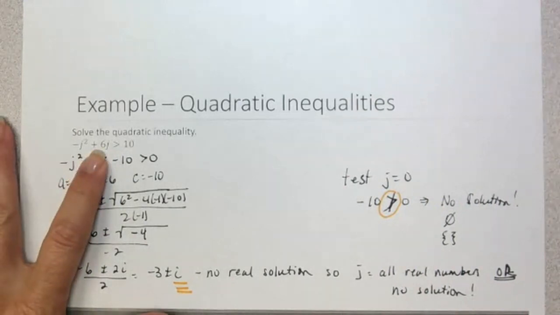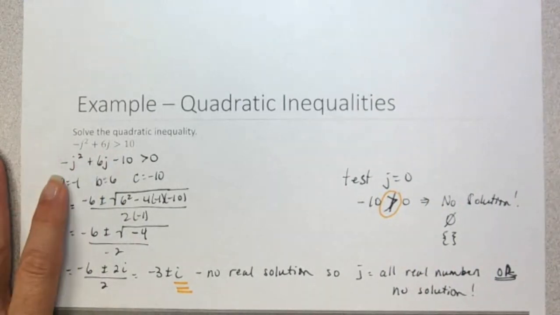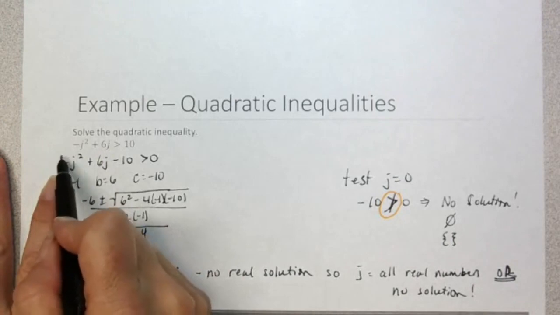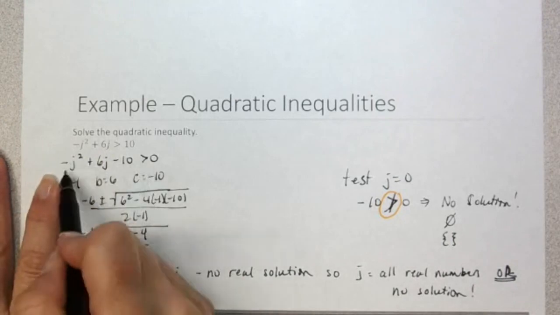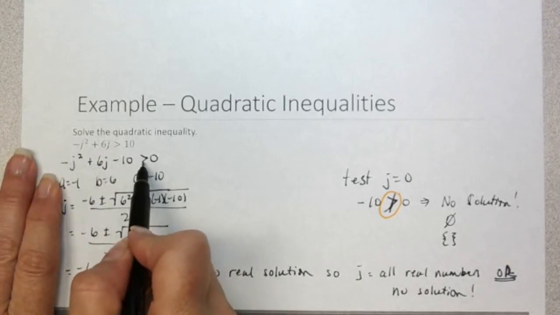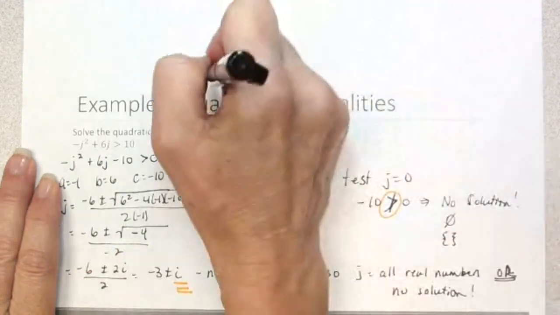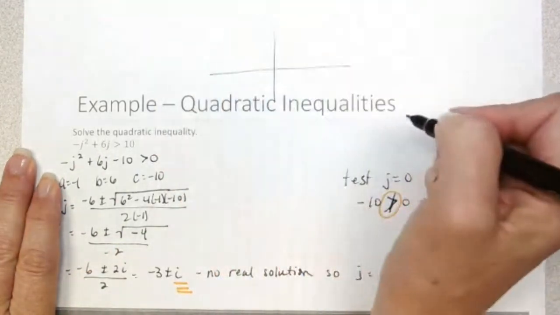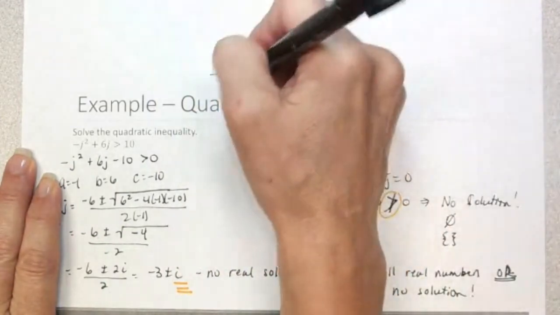What would this look like if we graphed it? Well, it's a downward facing parabola. Look, A is -1. It's a downward facing parabola. Can a downward facing parabola always be entirely greater than 0? No, it can't be. It makes sense, right? Because downward facing parabola, it's got to go like this.